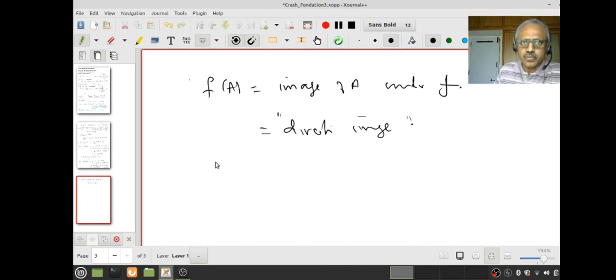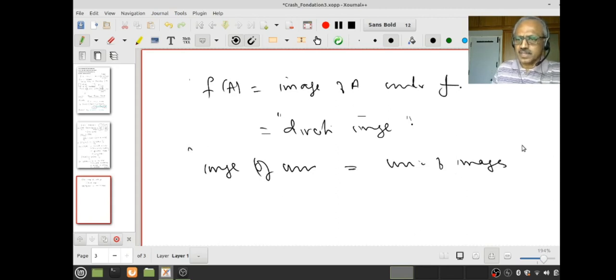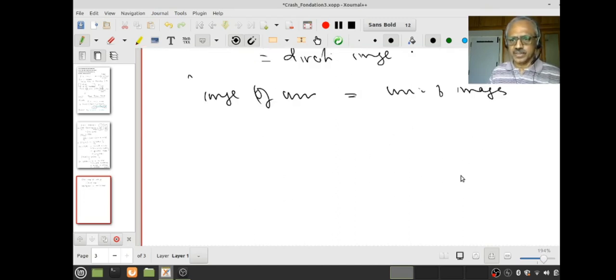That is, f of union will be equal to union of the images. That is, image of union equals union of images. This is a quick mnemonic way of understanding what we did: f of union A_i equals union of f of A_i. That's what we have done.